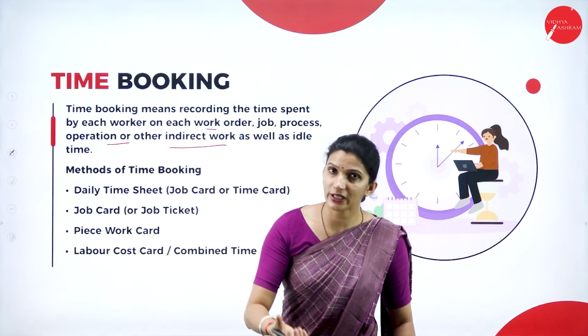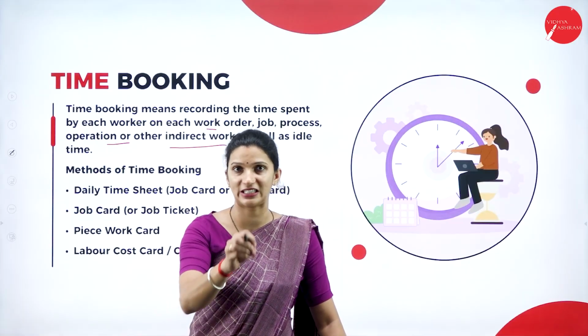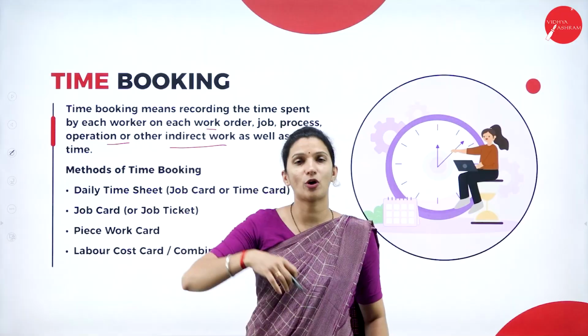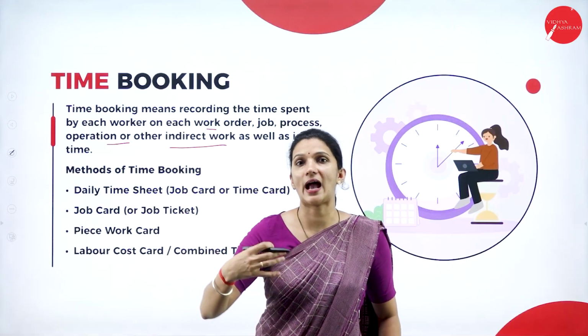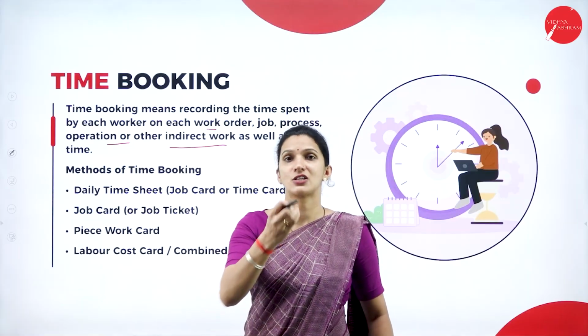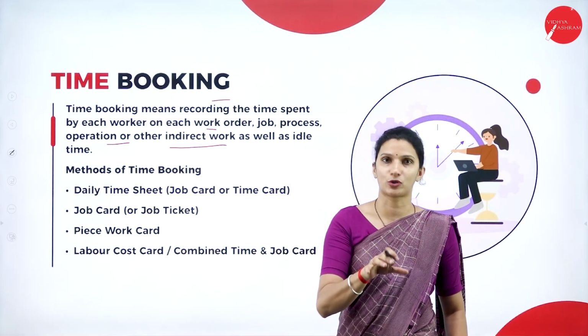Here we record the exact time an employee is engaged in any particular work, whether in a process, a job or an operation, or what his idle time is, that is, the time when he does not work in the factory. The recording of all these is what we call time booking.